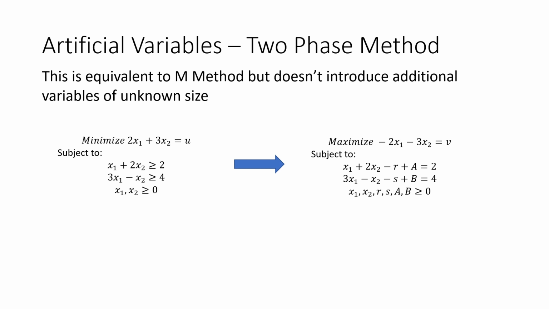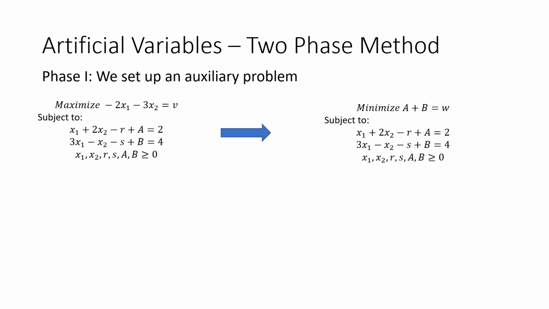So here's an example. Here is our original problem, which we've taken and we've converted over to this. We've noticed we have surplus variables in each one, so we add an artificial variable. We still do have the artificial variables. So that's the same as before.